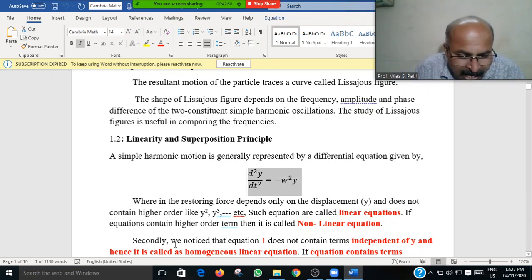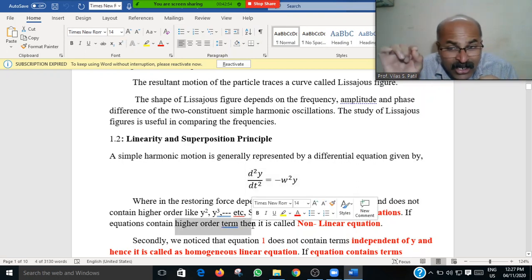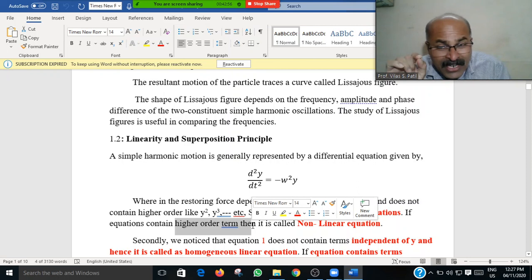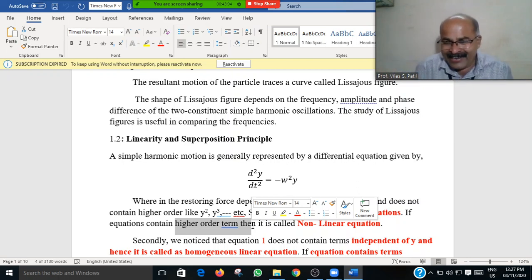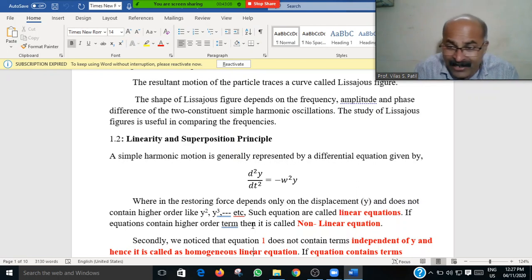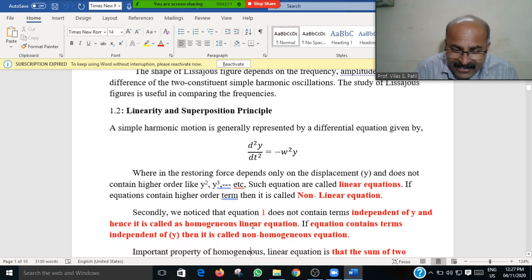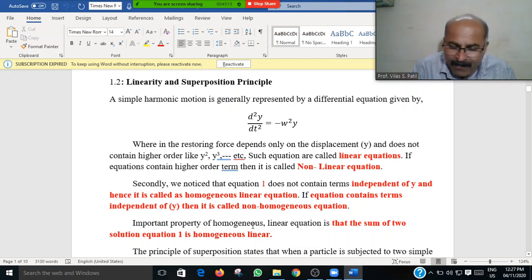Hence the equation which contains higher order terms of y, means if the equation contains y square, y cube, y raised to 4, then that equation is known as non-linear. Means that the above equation is linear, not non-linear, because it does not contain the higher power of y.